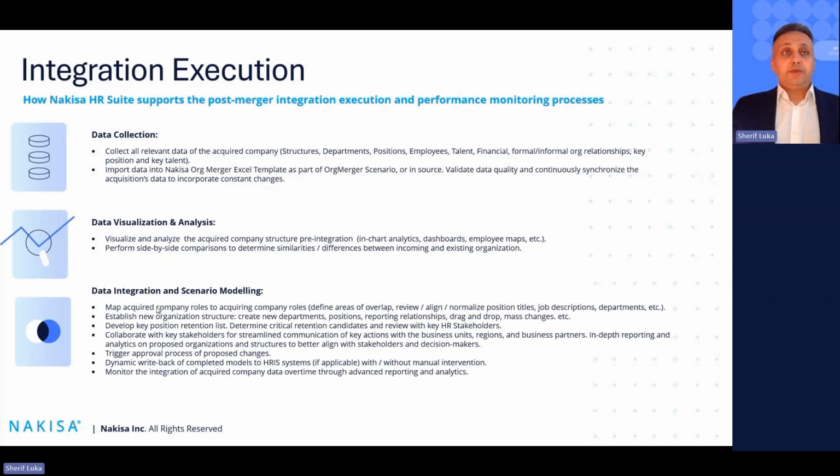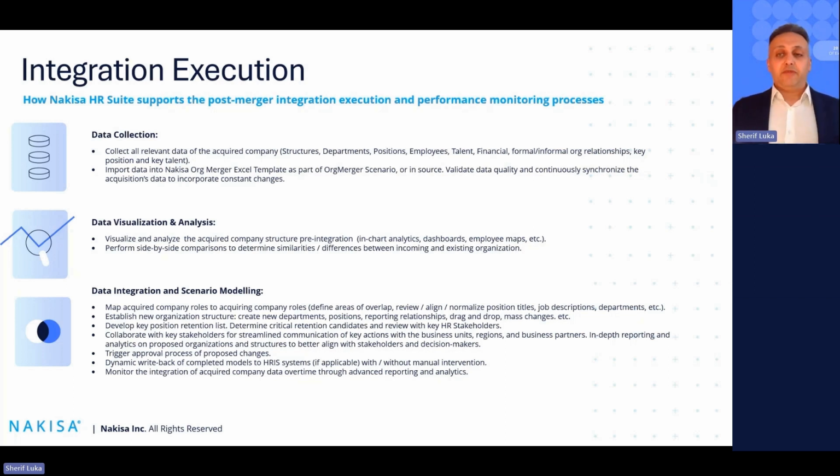Once you've done that, comes the last step. There are many ways of doing it, and it depends on the exact scenario and on the function that you're merging. But this is really the data normalization, or what I call the mapping of the acquired company roles to the acquiring company roles.